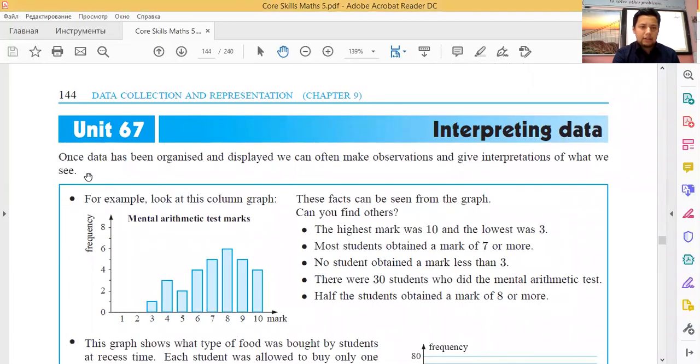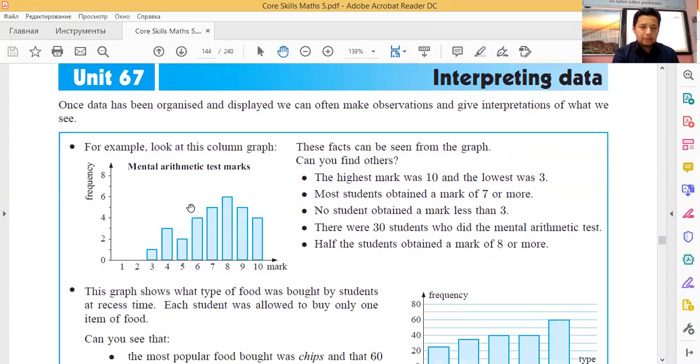Let's read definitions here. Once data has been organized and displayed, we can often make observations and give interpretations of what we see. For example, look at this column graph. By looking at this column graph, you must explain the information. First of all, we have title here, mental arithmetic test marks.